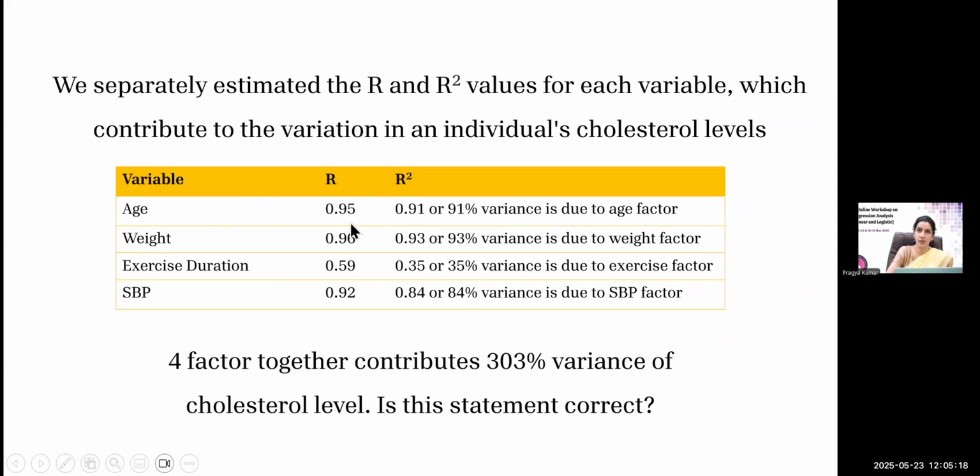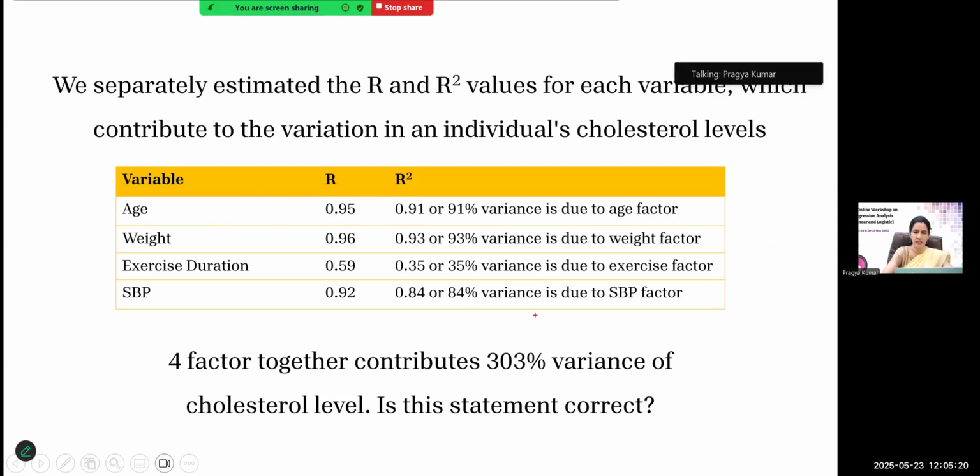Weight and cholesterol, the R square is 93%. Exercise duration and cholesterol is 35%. And systolic blood pressure and cholesterol is 84%. Okay. So can I add all these variances together to say they contribute 303% variance in cholesterol level?